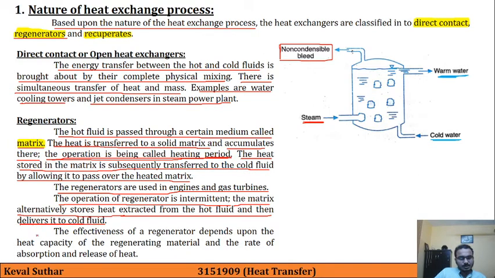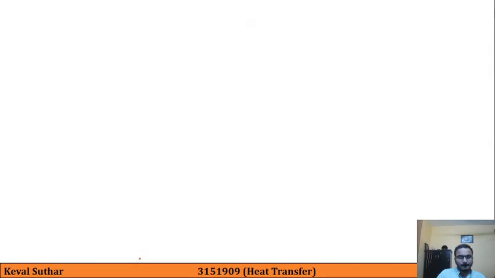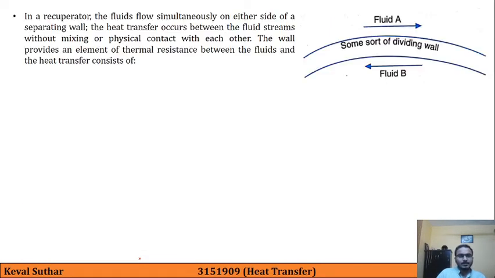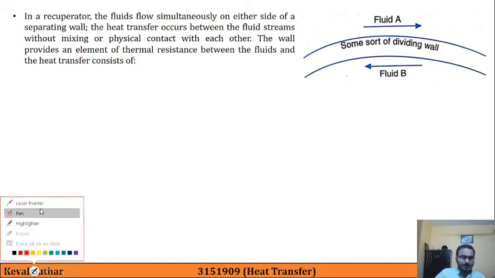The effectiveness of regenerator depends upon the heat capacity of the regenerating material and the rate of absorption and release of the heat. Now the third category is recuperator.